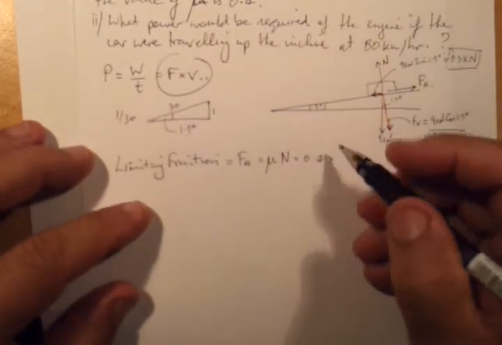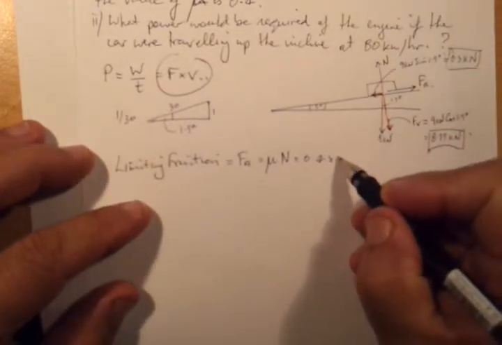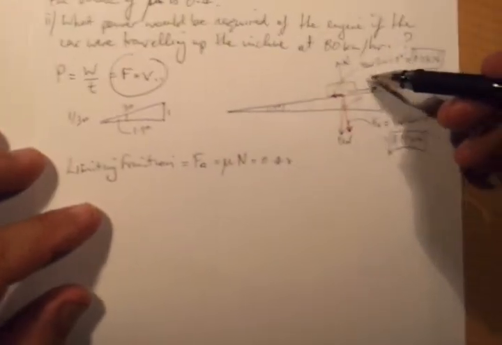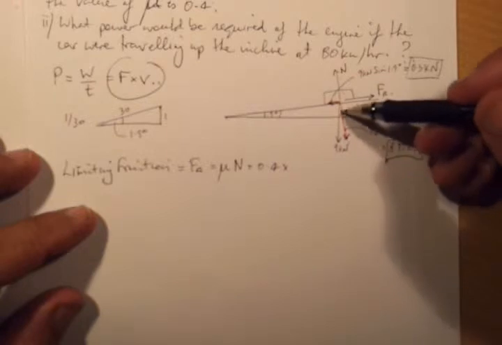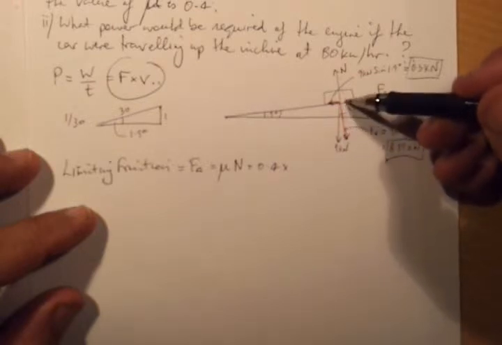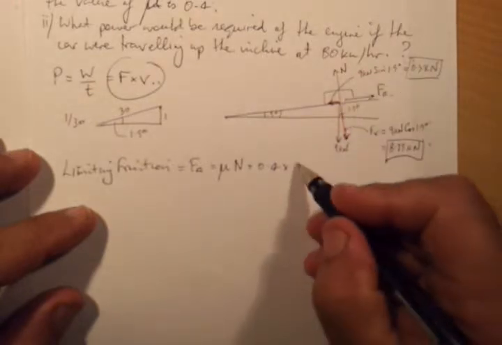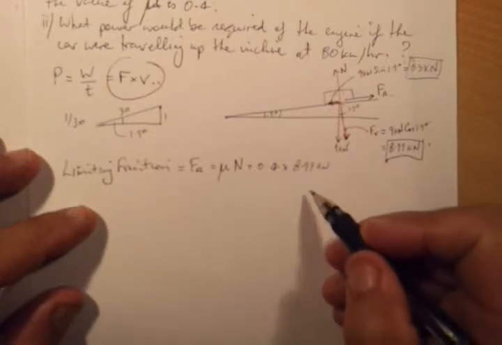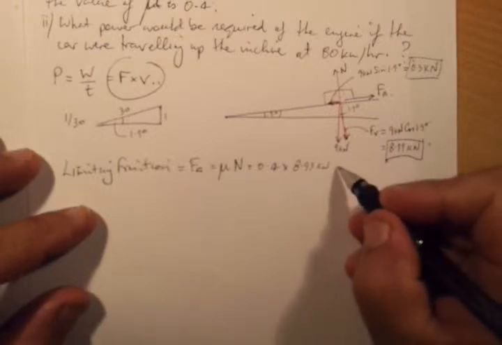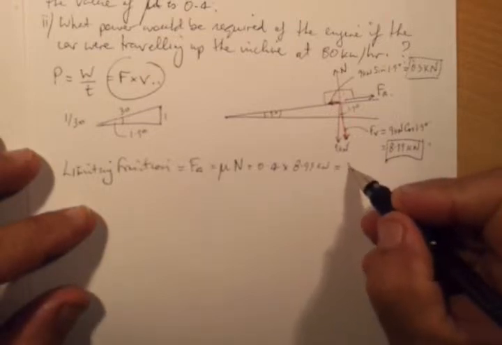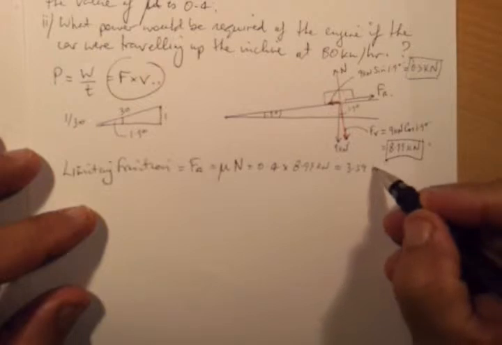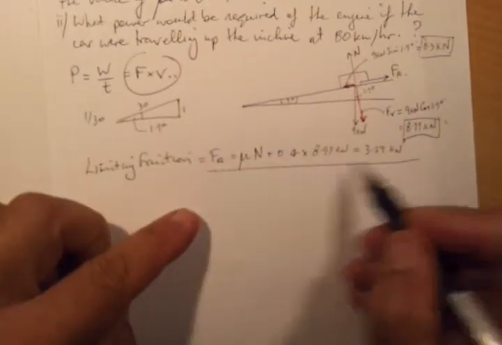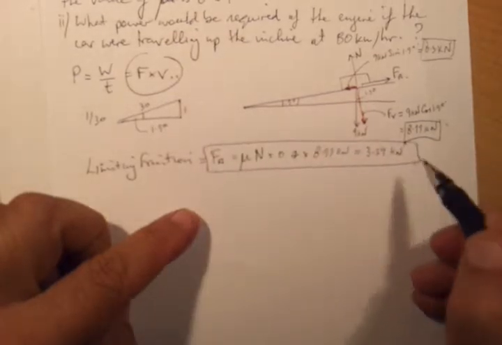Multiplied by the normal component, which will be equal and opposite to the component of the weight force which is perpendicular to the plane. So it's going to equal 8.99 kilonewtons. And that will give us a result of 3.59 kilonewtons as our limiting friction. So that's also significant.